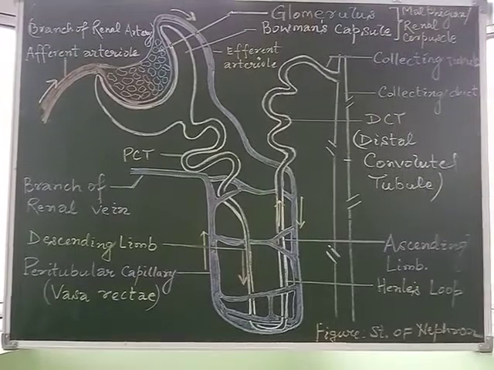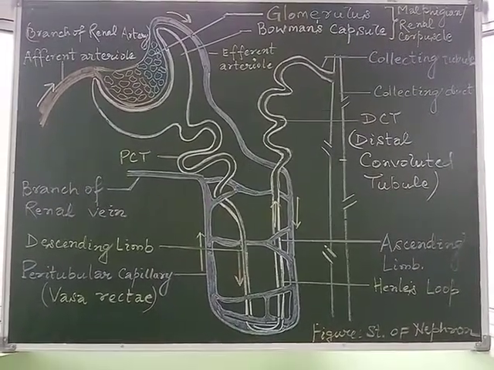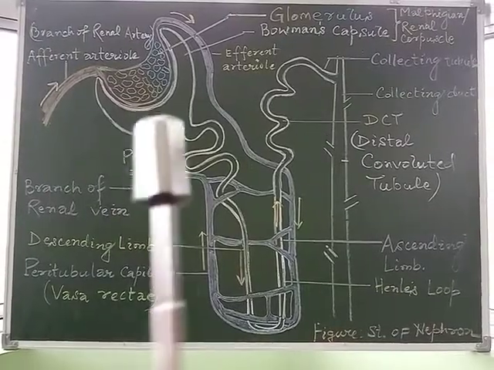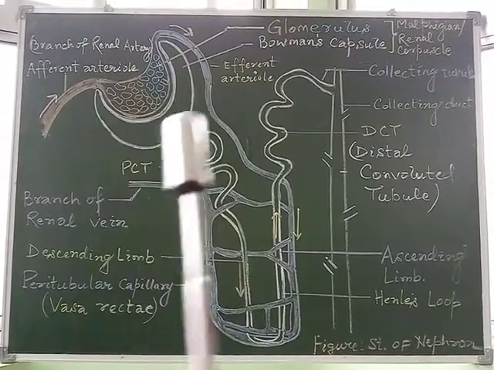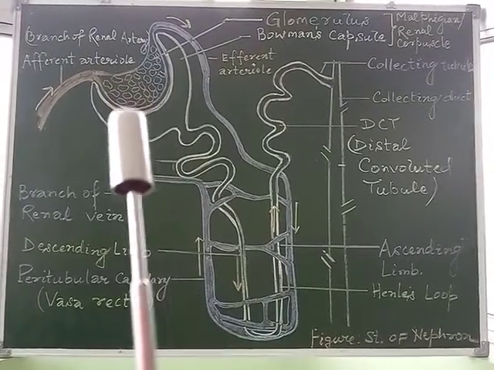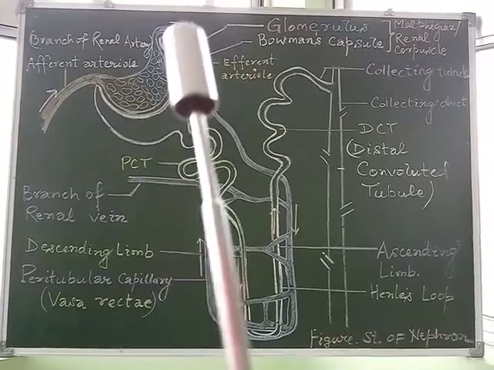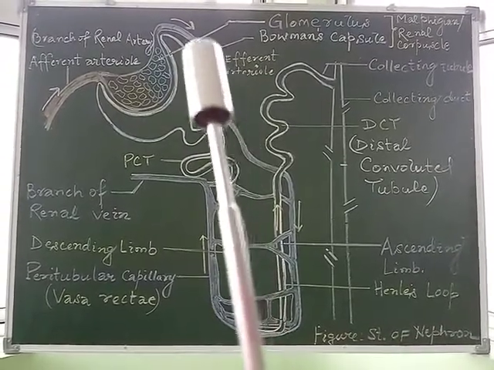The first step, glomerular filtration or ultrafiltration, means the process of filtration which takes place within the glomerulus. As we have discussed, the diameter of the afferent arteriole is more than the diameter of the efferent arteriole.